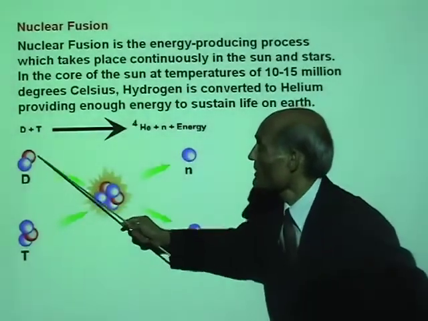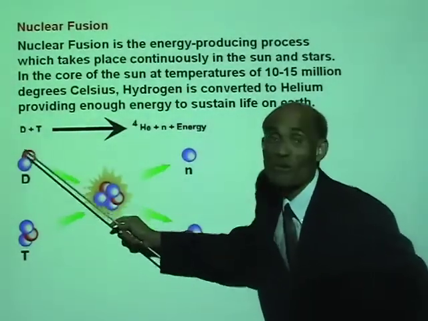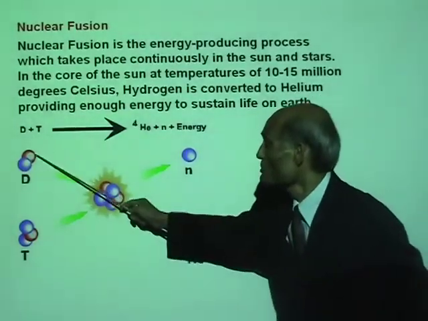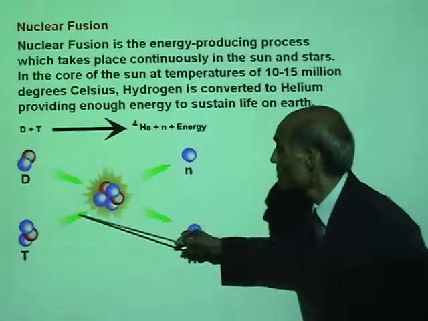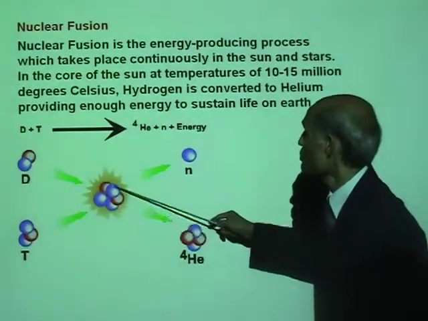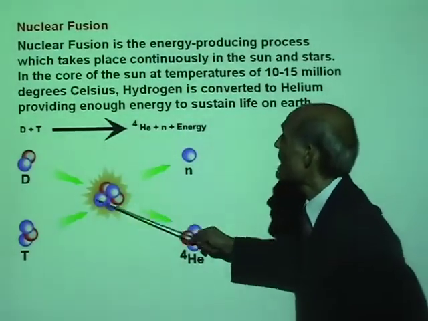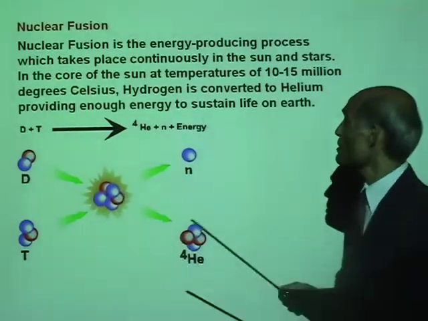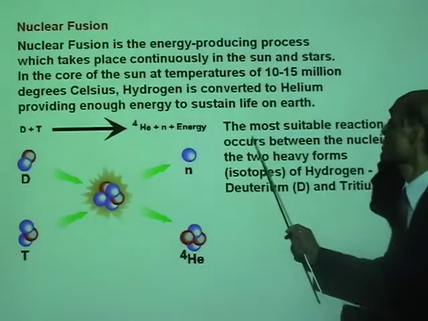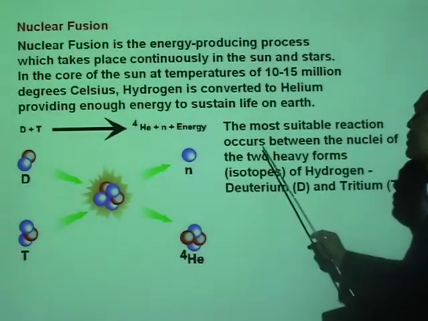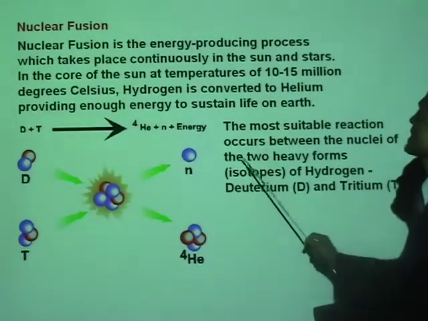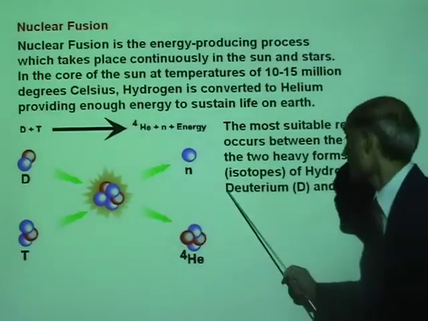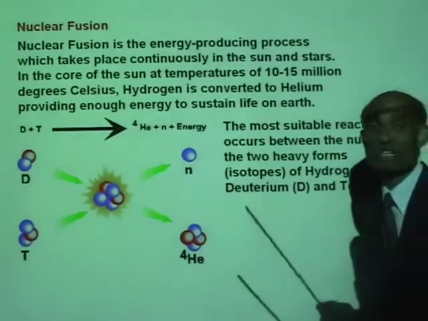Now here we have a deuterium. A deuterium is a hydrogen isotope. A deuterium and a tritium come together to form an isotope of helium, and there is a tremendous amount of energy produced. The most suitable reaction occurs between the nuclei of the two heavy forms of hydrogen, that is deuterium and tritium.